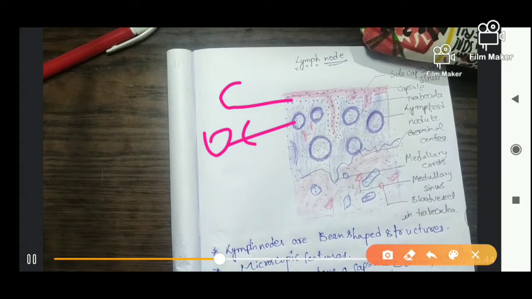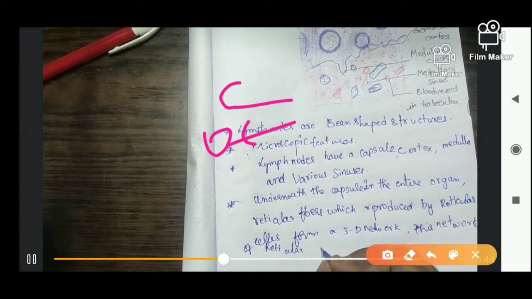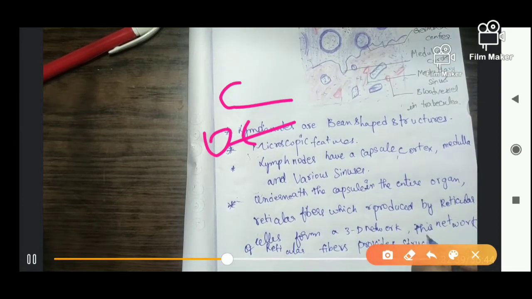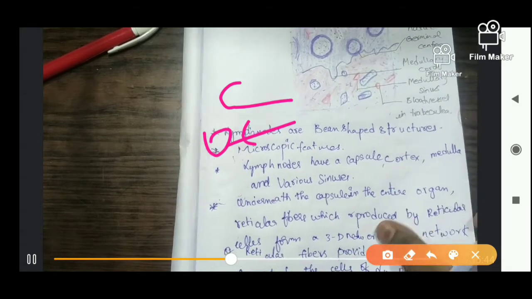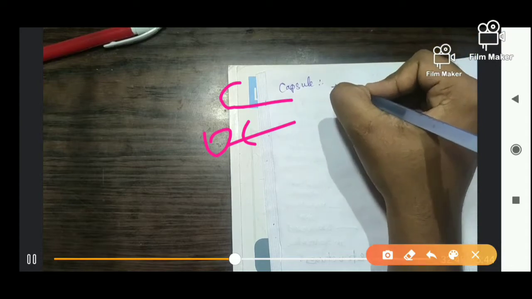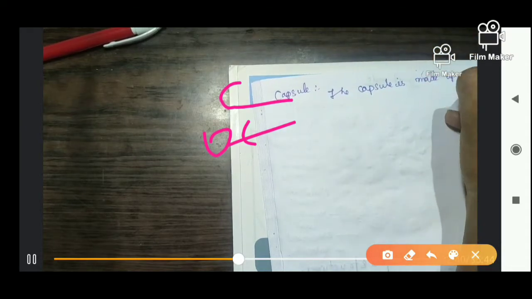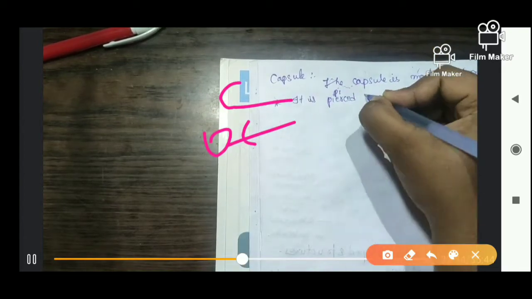And this cortex is divided into outer and inner cortex, which I have said. The main important point is that the outer cortex contains B lymphocytes, which are arranged as lymph nodules in the peripheral part of the lymph node. I am writing the points of the capsule, which I already said to you.